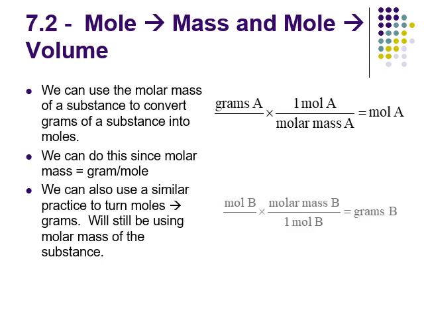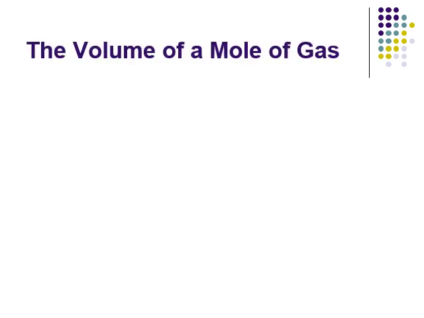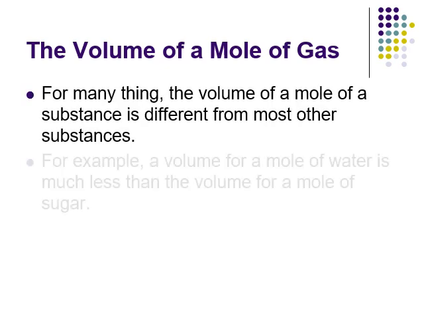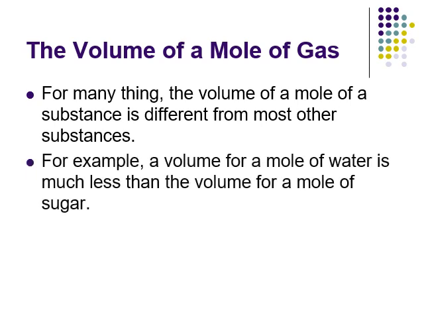We can also turn this around. So if I start with moles, I can divide by 1 mole, always 1 mole there on the bottom, and molar mass on top again, so the moles will cancel, giving us grams because, again, molar mass is in terms of grams. Volume, we can talk volume of a mole if we're talking a gas, but volume is a little trickier because for most things that aren't a gas, you have density issues, you have spacing issues, so the volume of a mole of water is much less than the volume of a mole of sugar.